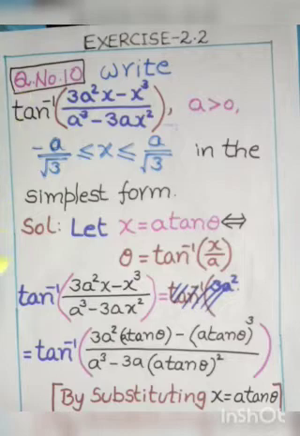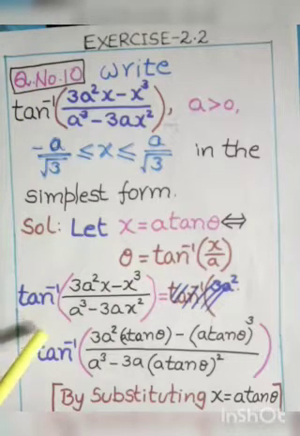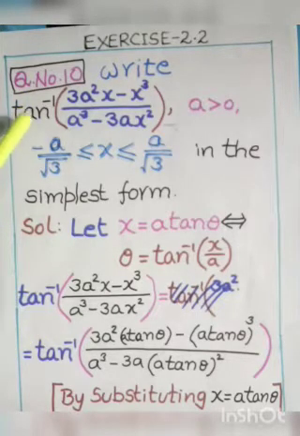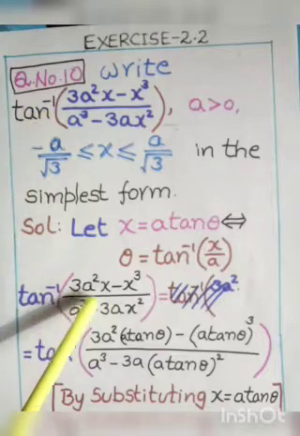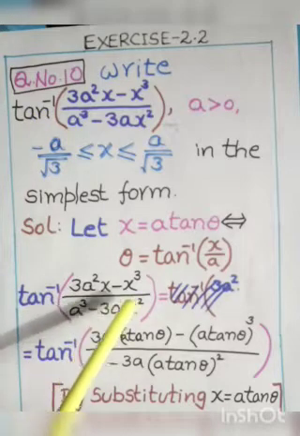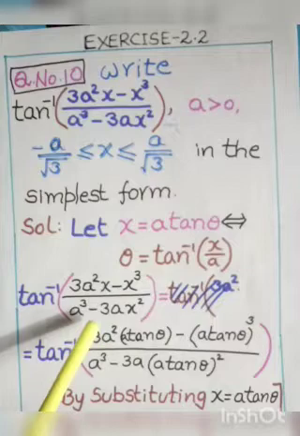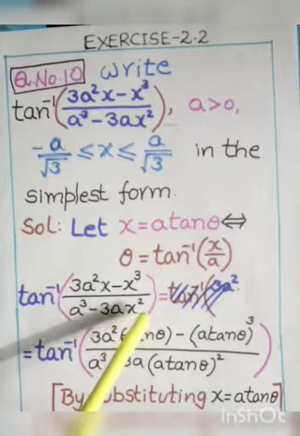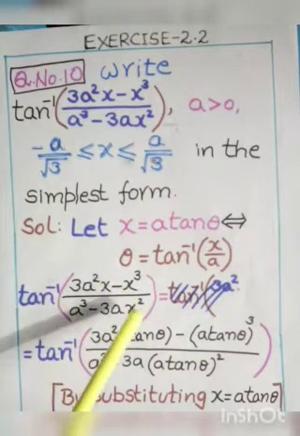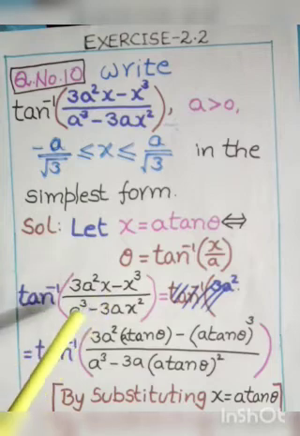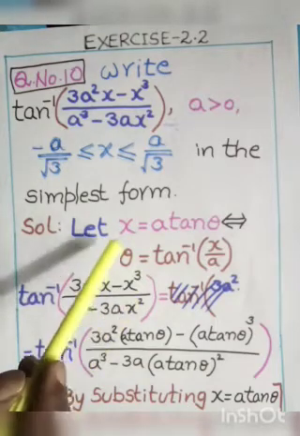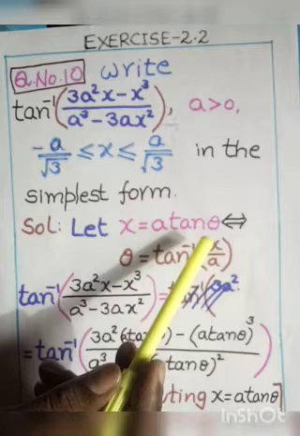Now let us take the given inverse trigonometric function. What is the given inverse trigonometric function? Tan inverse of (3a square x minus x cube) whole divided by (a cube minus 3a x square). In this, we are substituting x is equal to a tan theta.